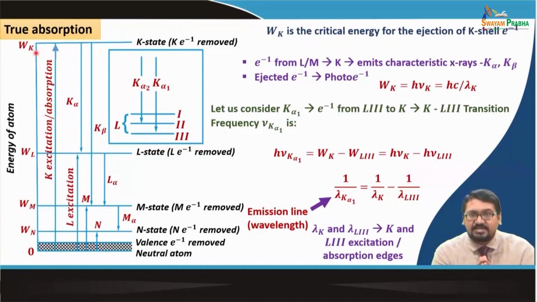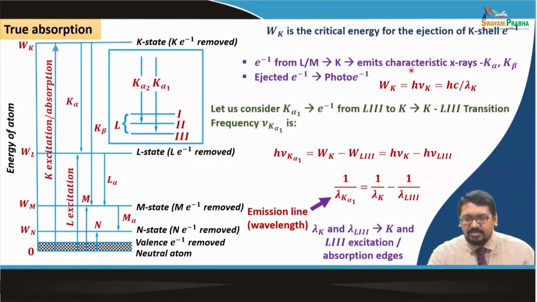And this characteristic radiation, as I was saying in the last slide also, has a frequency mu k alpha 1, or 1 by lambda k alpha 1, which basically means lambda k alpha 1 is its wavelength, right.